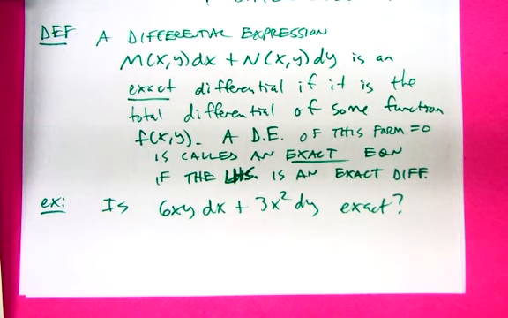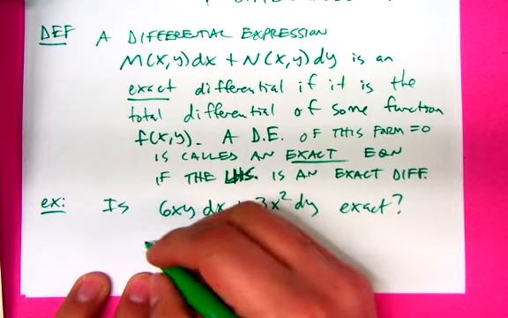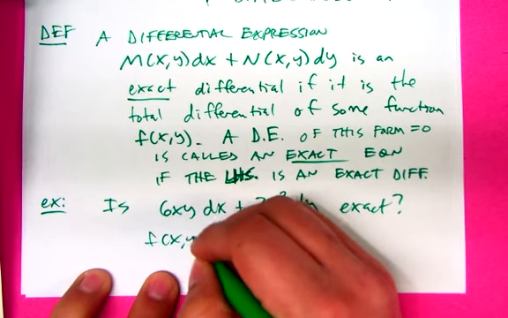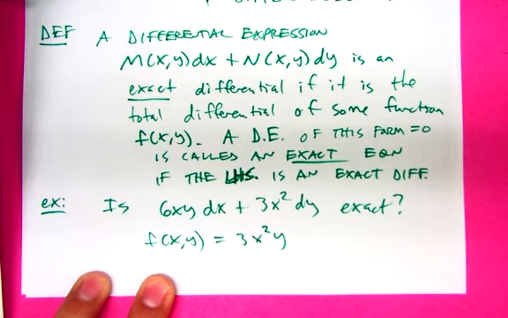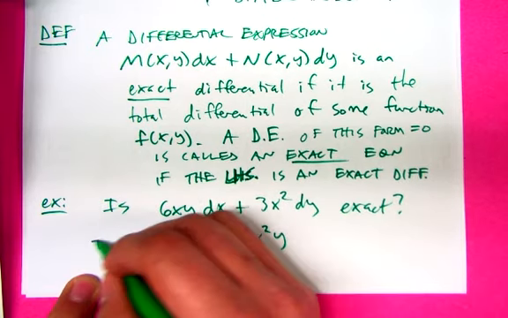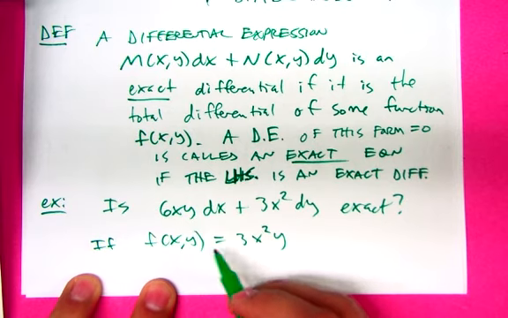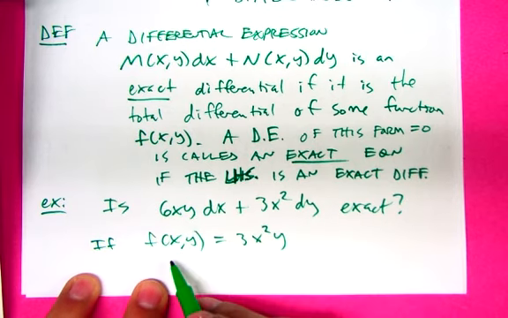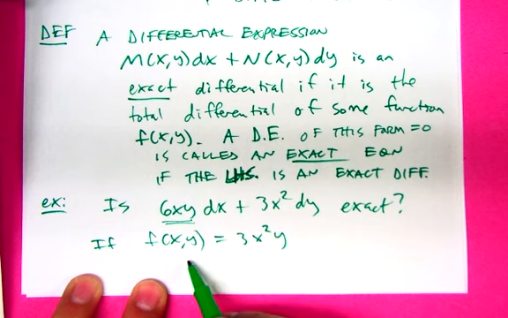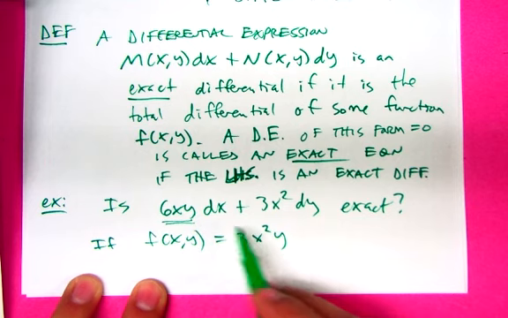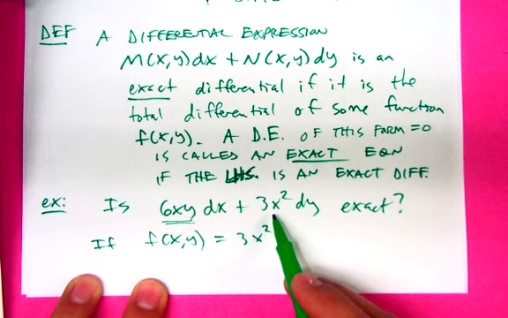How do you know? Well, if we consider the function f of x, y equals 3x squared y, then dz, or the total differential, would be partial x, which is 6xy dx, plus partial y, which is 3x squared dy.